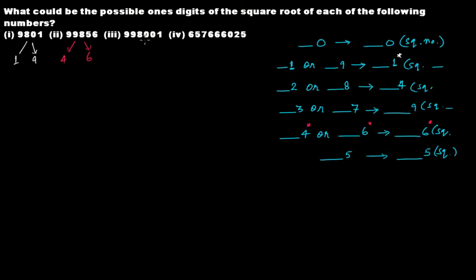This is 998001, again ending in 1, therefore the square root will have either 1 or 9 at its units place, and in this case it's 5. So look for this condition: if your square number ends in 5, then the square root will also end in 5. So at the units place you have 5 here.